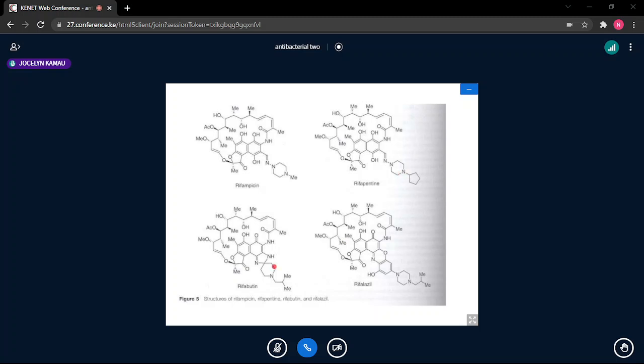Again, you see the same there. This position 3 and 4 here. Again, a major structural modification at position 3, 4 to give us a different drug.